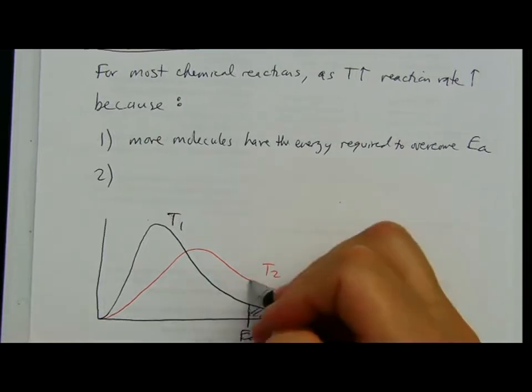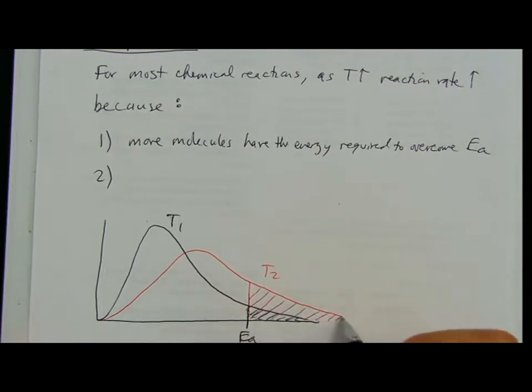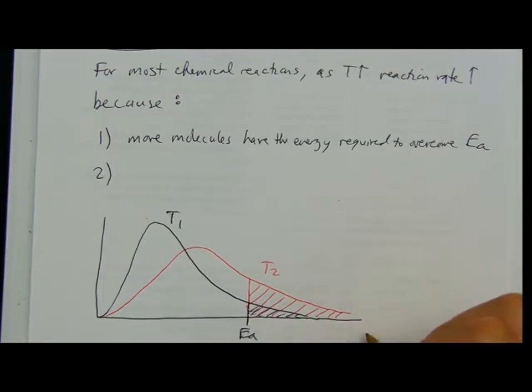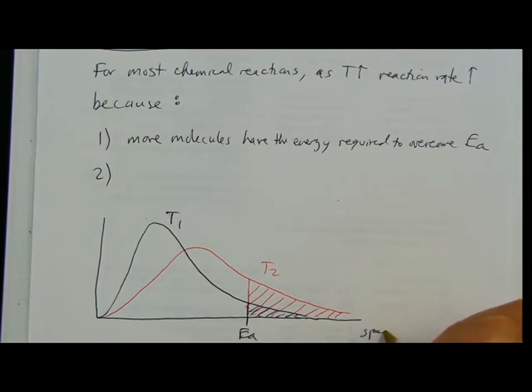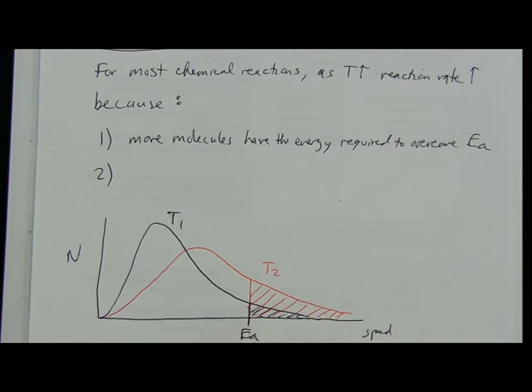But at the higher temperature, that many molecules have the necessary energy. So this is speed, actually, and this is number of molecules. Once you increase the temperature, more molecules have the higher kinetic energy necessary to overcome the barrier.